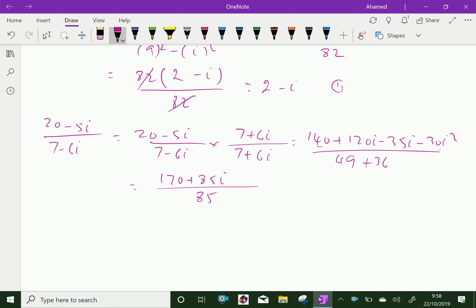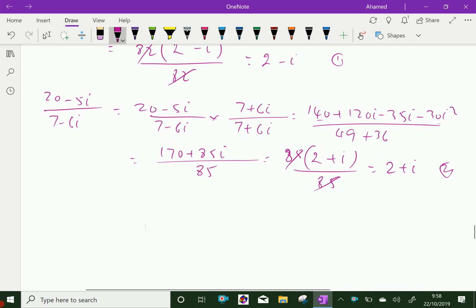Which is equal to 85 take out, 2 times 85 is 170 plus i over 85, cut both, it gives 2 + i, call it 2.